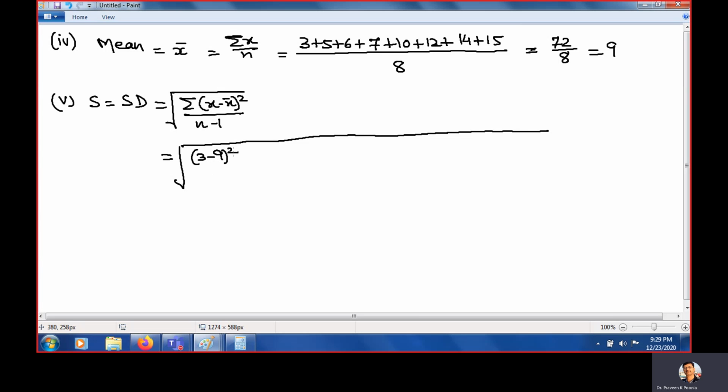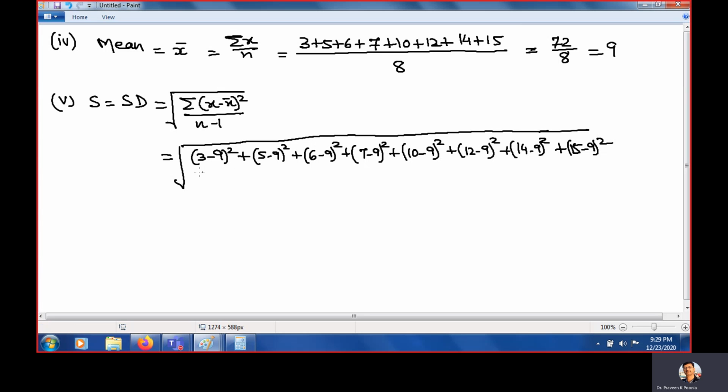It is 9. 3 minus 9 whole square plus 5 minus 9 whole square plus 6 minus 9 whole square plus 7 minus 9 whole square plus 10 minus 9 whole square plus 12 minus 9 whole square plus 14 minus 9 whole square and plus 15 minus 9 whole square. And this upon n minus 1, 8 minus 1.